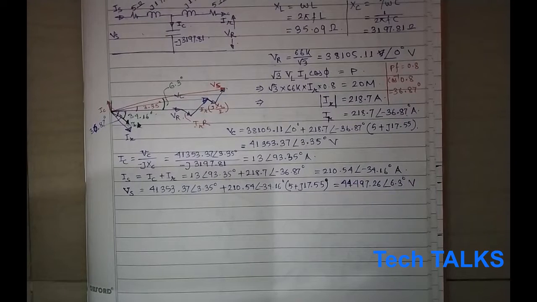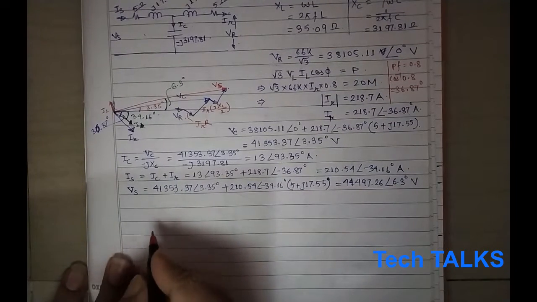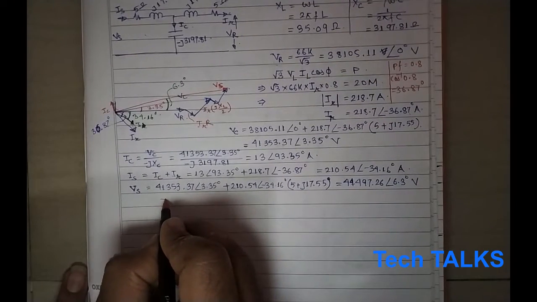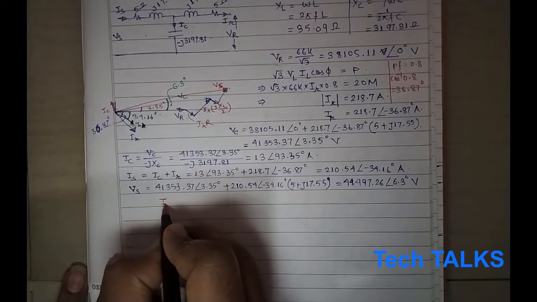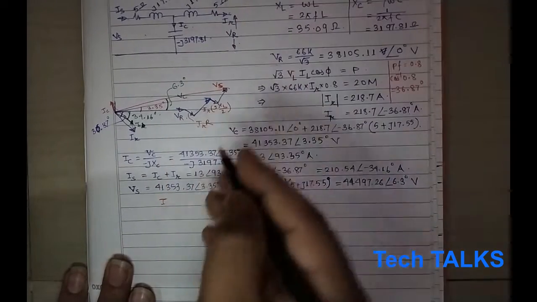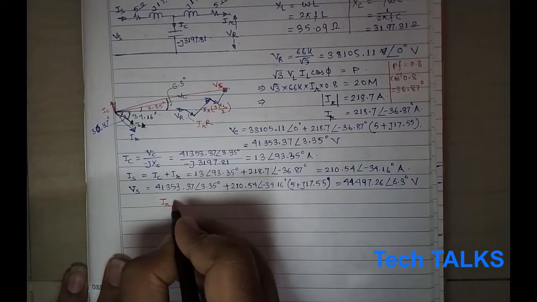So we have to find out no load receiving end voltage. No load receiving end voltage means a condition where no load current is flowing. No load current flowing means IR equal to 0.